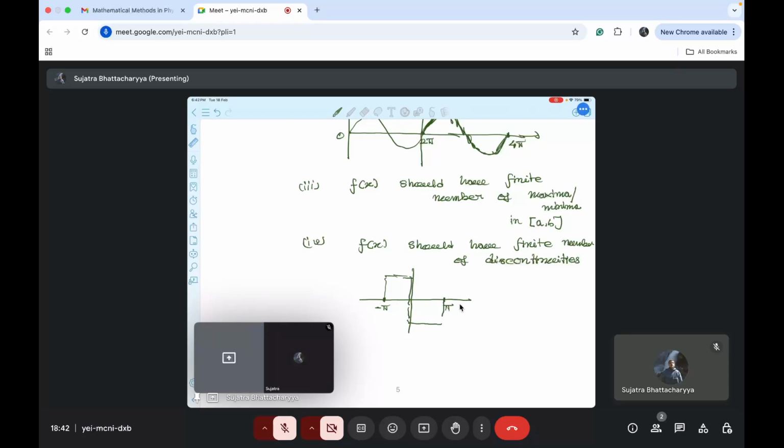So where is the discontinuity coming? In between minus pi to pi, you have one discontinuity here, another discontinuity here. This we will not include because we are considering just before the pi. So there are two discontinuities, which is finite. So we can represent a square wave or a rectangular wave in terms of sines and cosines.